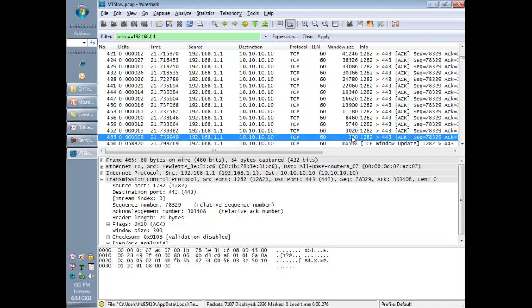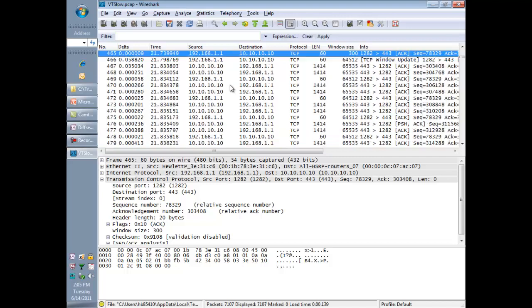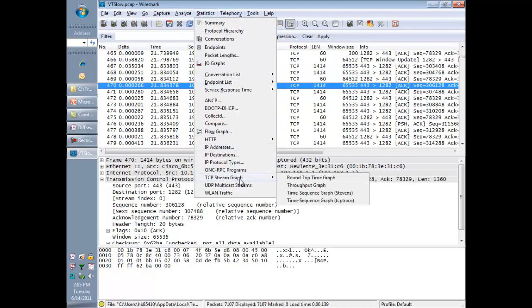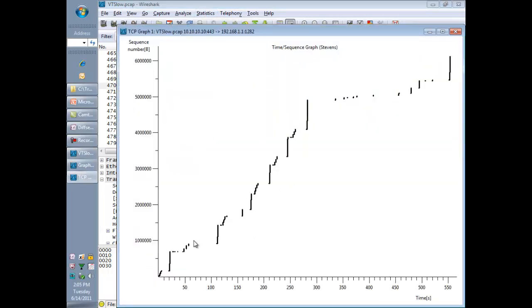Okay? Another way to visualize this is to look at my favorite, which is Stevens graph. And these are things that I do all the time. I look at Stevens graph, and I zoom in, and what do I see here? Stevens graph is nothing more than, over time, how many bytes I've sent. The steeper the slope, the better, because it just means that I'm sending more data over time.